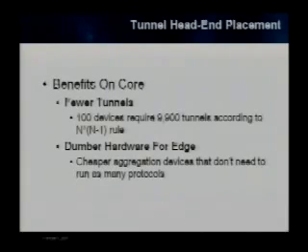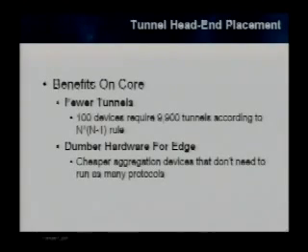So your head-end placement, the 2 different philosophies were to put all the tunnels on the core routers or to put them on the edge. Some of the benefits of putting it on the core would be that generally a lot of people run 2 core router environments, and you can have multiple edge, not just for IP, but a lot of people use different hardware to aggregate VPNs and whatever.